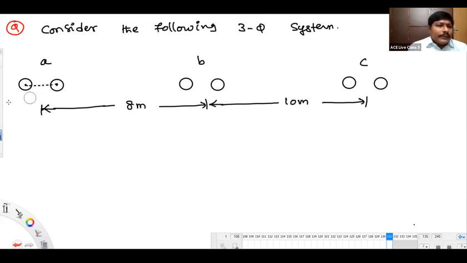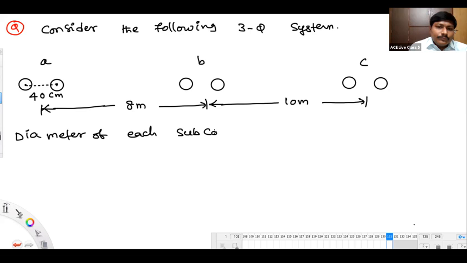The bundle spacing is 40 centimeters, and the diameter of each subconductor is 4 centimeters.